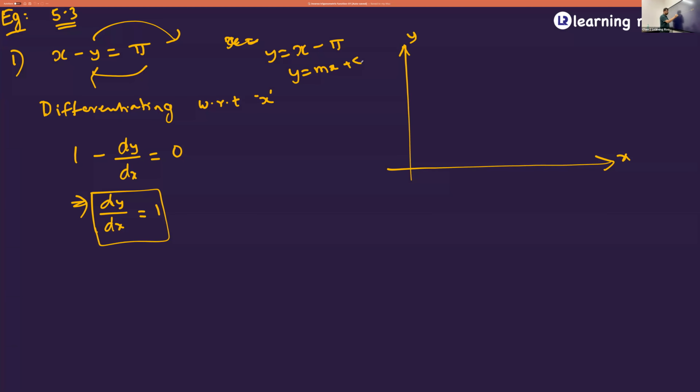So the graph will start below the x-axis. So this is the line. What is the slope of this line? If you compare, you will be able to see. Slope of this line is 1, right? Clear? You're able to understand.